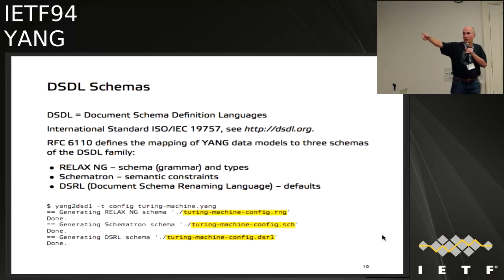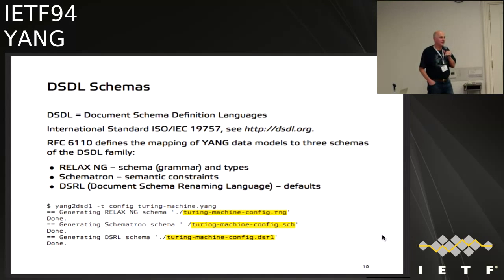You can produce all 3 schemas by using the yang2dsdl tool. This is actually a Unix shell script, and I wrote it in order to provide an example of how to use these DSDL schemas in a validating tool. In fact, it turns out that it's useful by itself, so it's okay to use it for validating.